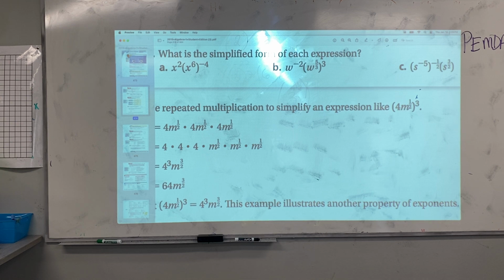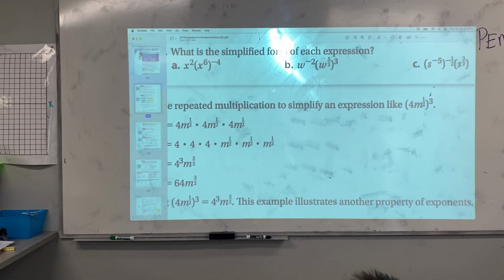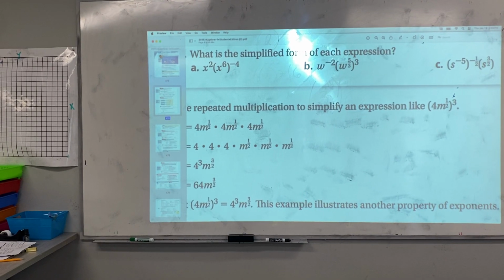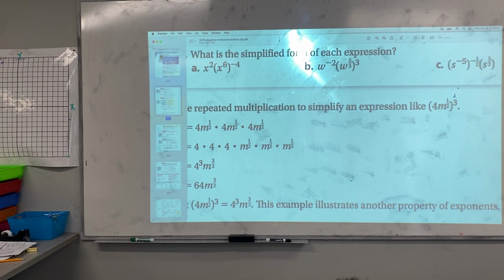So 16 and 4 is a multiple. So if I just put a negative, you have to do it twice, plus 6 and 4 is going to be a negative 4. Very good. Yep, very good.